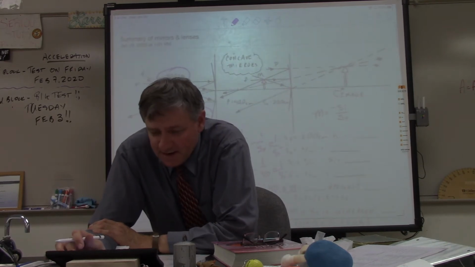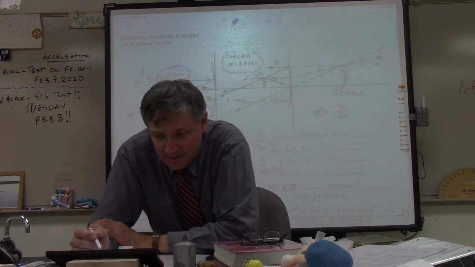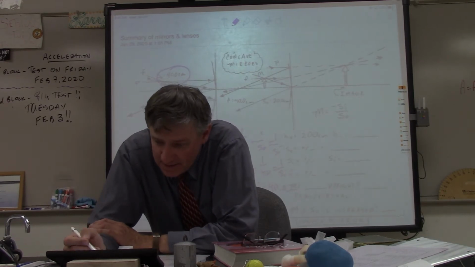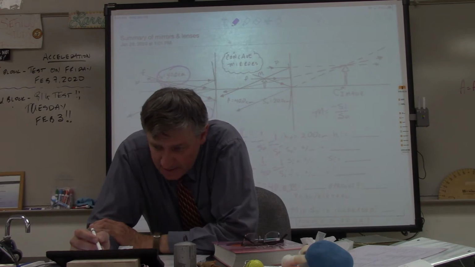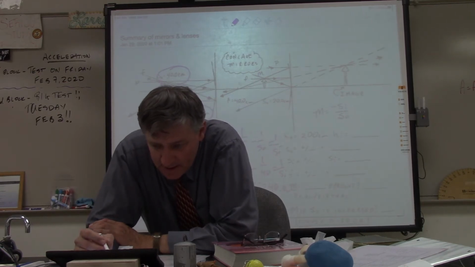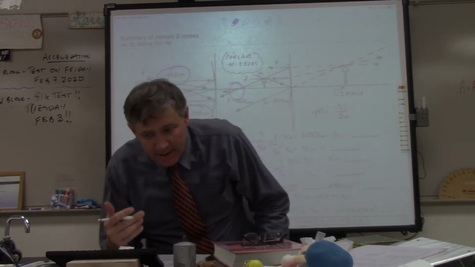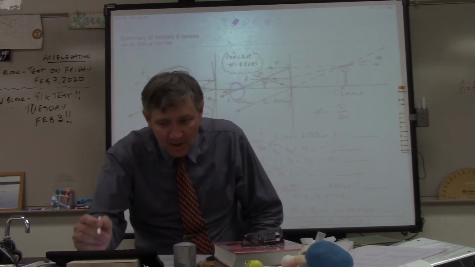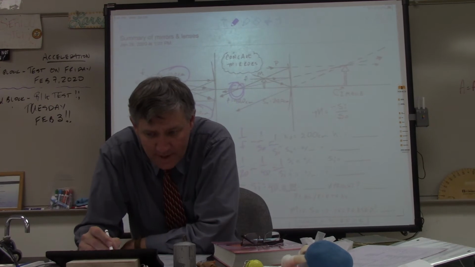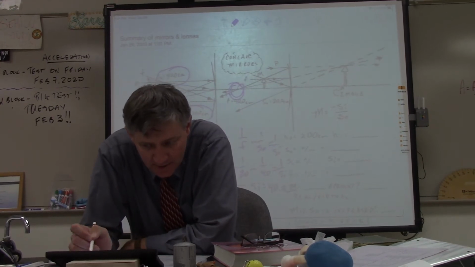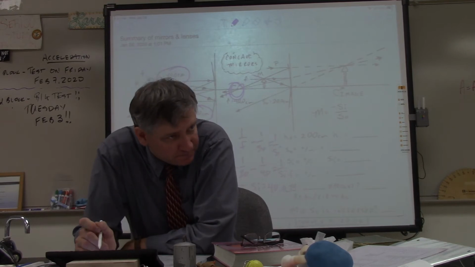All right. Now, here's the last one that we have to get through. Still with the concave mirror, but now my object distance is 20 and my focal length is 40. So your focal point has moved way out here and your object is inside of the focal point.